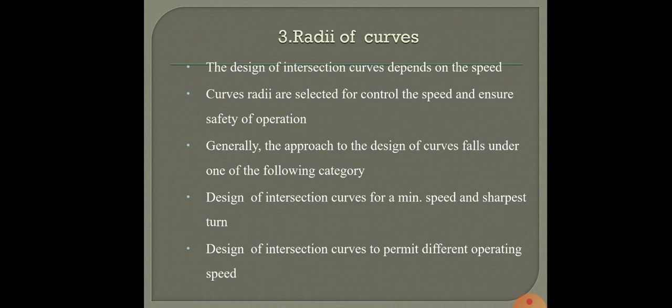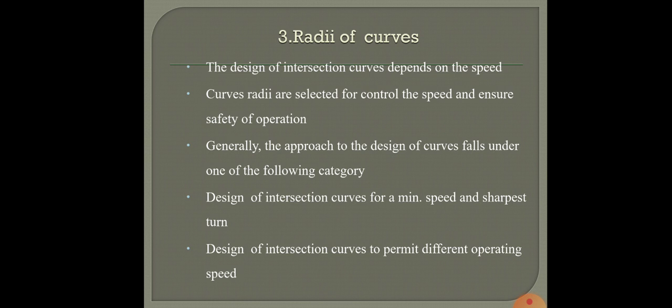Now coming to the radii of curves. The design of the intersection curve depends upon the speed of the vehicle, and the radii are selected in such a way as to control the speed and also to ensure that the operation of vehicles is very safe.